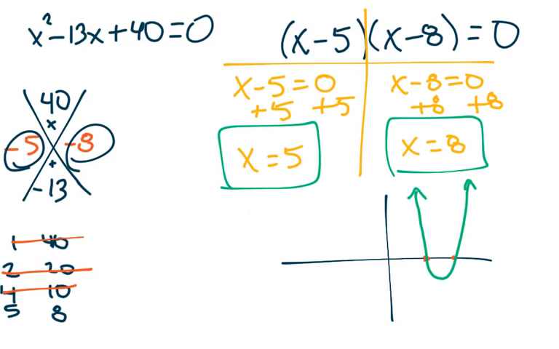Now this arm is going to eventually cross the y-axis at the y-intercept of 40, but anyways, that's beyond the point at this point. We really just care about the x equals 5 and the 8 at this point.